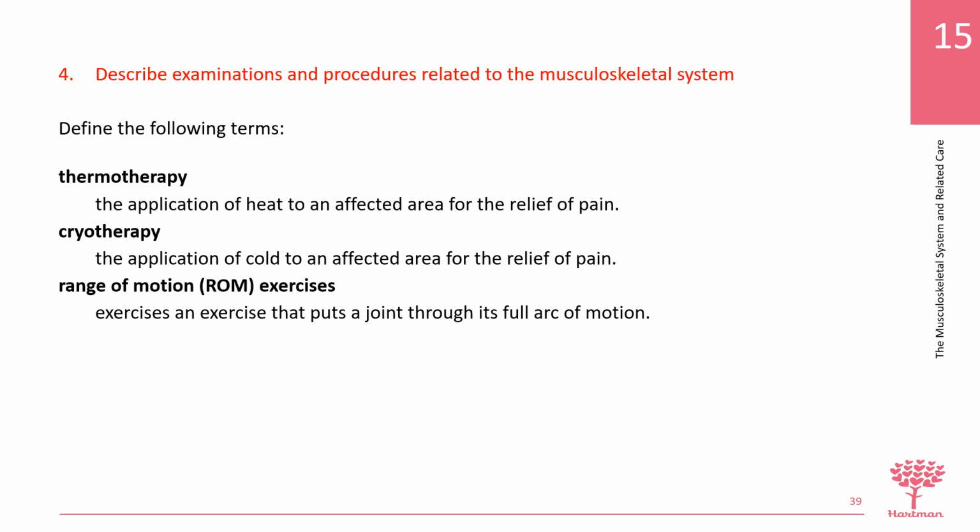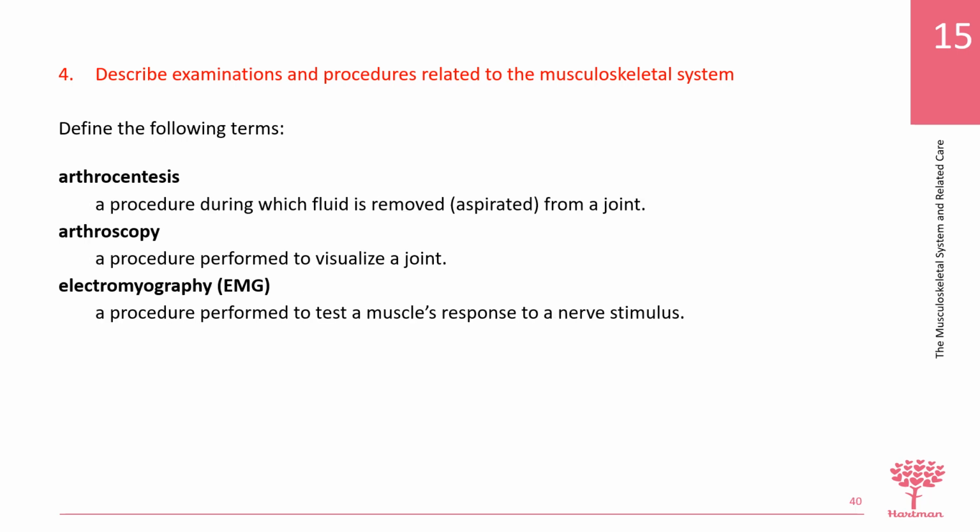So that can come in the form of heat packs or heating pads. Cryotherapy is the application of cold to an affected area for the relief of pain. We've talked about range of motion exercises, which are exercises that put a joint through the full arc or full range of motion. Arthro. Anytime you hear the word arthro, it does refer to joints.